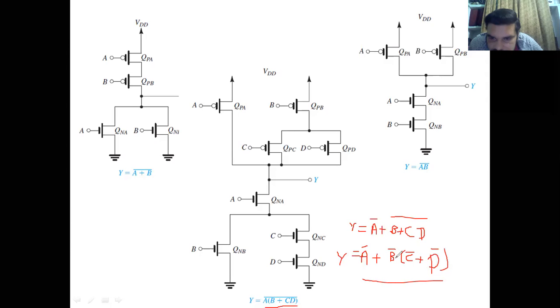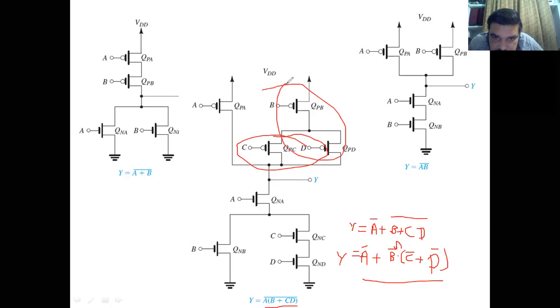Here you can see that, starting with the bracket logic, two PMOS having input C and D will be connected in parallel. And with this combination, a PMOS having input B will be connected in series.